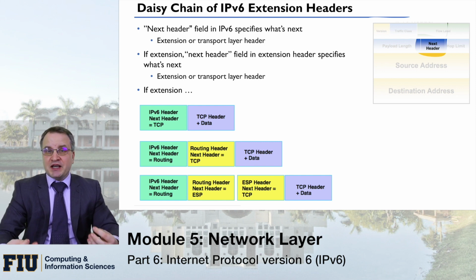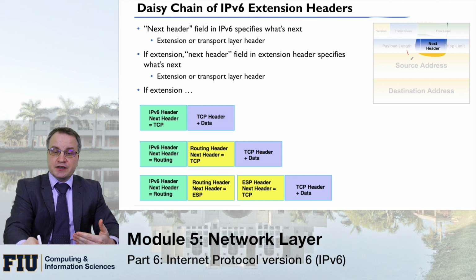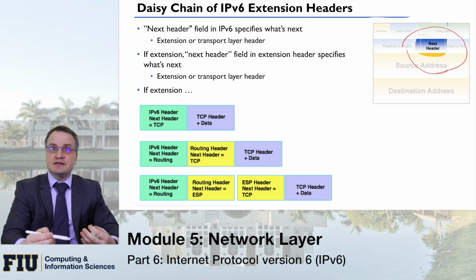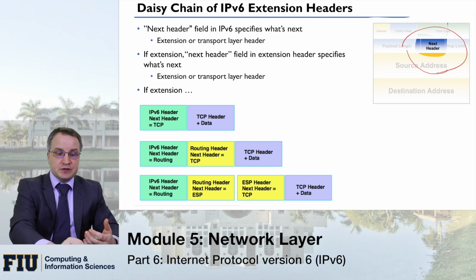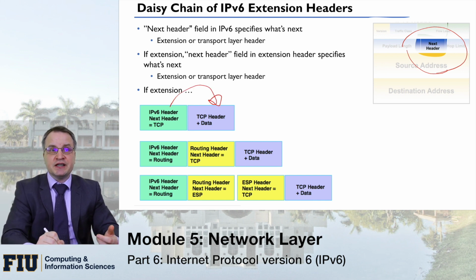So the idea behind the IPv6 extension headers is simply some form of a daisy chain. So basically we have this basic header that can point, using the next header field, to say that the next header is something else. In the simplest case, for example, if you have just a TCP header behind, then it will be a TCP header.